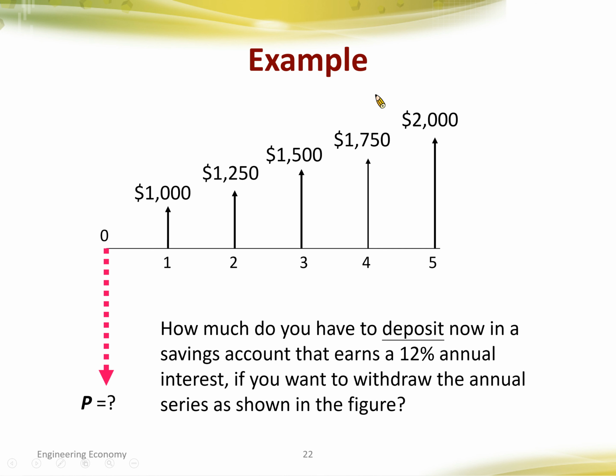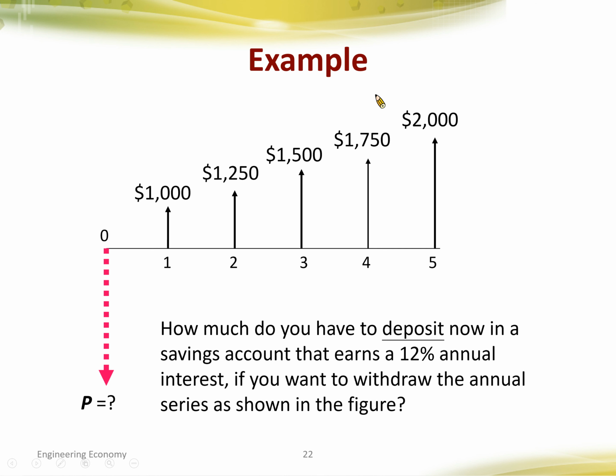We can take 1000 given A find P, plus 250, which is the increment, given G find P. We easily look up the table, get the coefficient, and compute the present value.